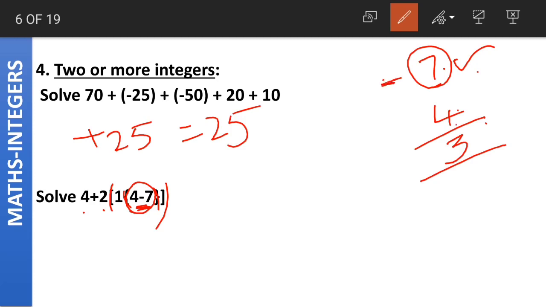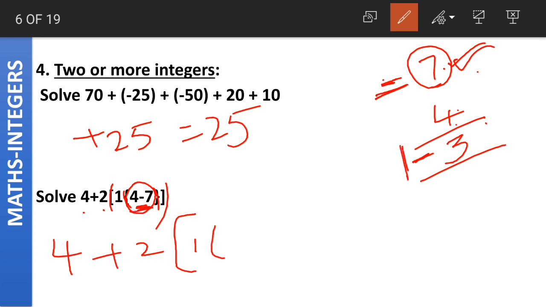If you consider the sign, 4 is the higher value, but I am talking about absolute value here. So 7 has the higher absolute value. 7 is carrying the minus sign, so the answer will also have the minus sign. We've solved the innermost bracket, which is 4 minus 7, and we got the answer of minus 3.